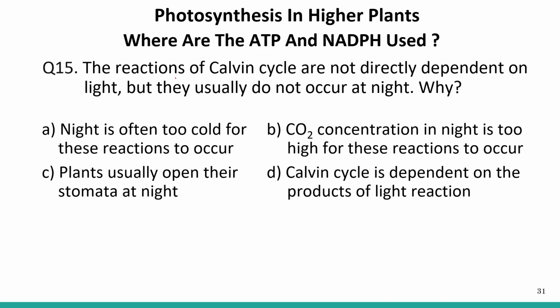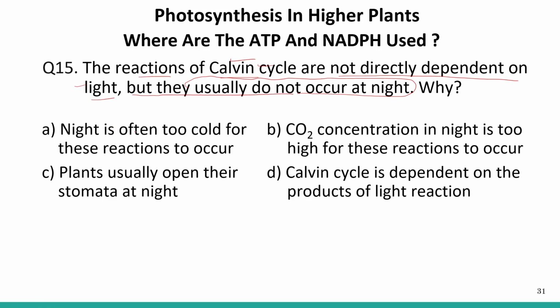Now the next question is, the reactions of the Calvin cycle are not directly dependent on light. This is true. They are also known as the light independent reactions. But they usually do not occur at night. Why?